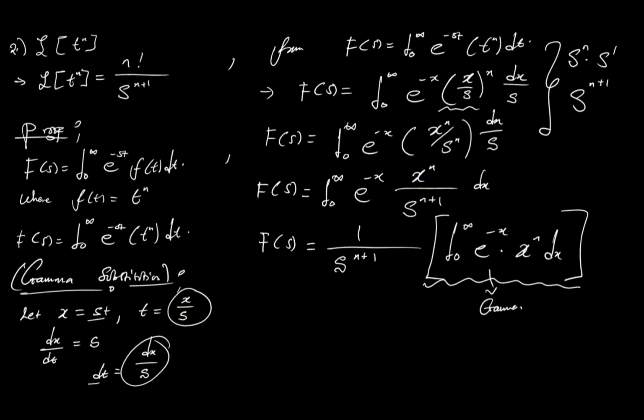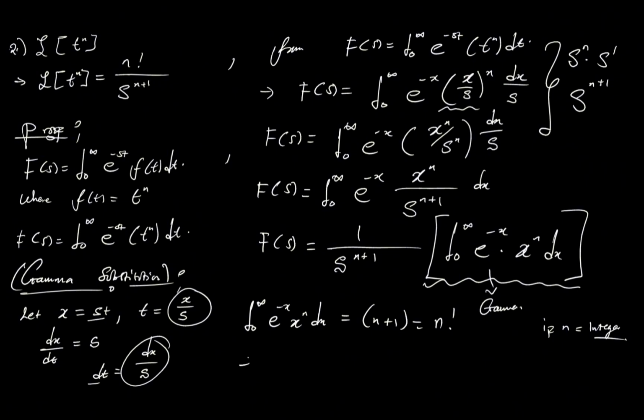Now, this portion that we remain with here is called gamma. So the gamma, the integral from 0 to infinity of e to the minus x of x to the n dx, is equal to gamma of n plus 1. And that is if n is an integer. So if n is equal to an integer, then it implies that gamma of n plus 1 is equal to n factorial.